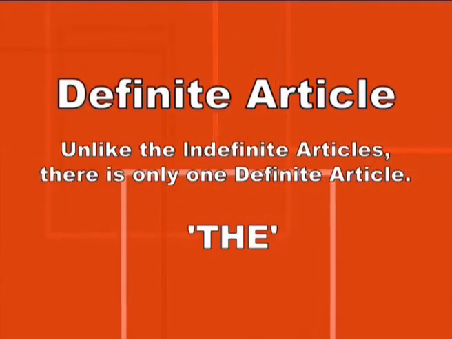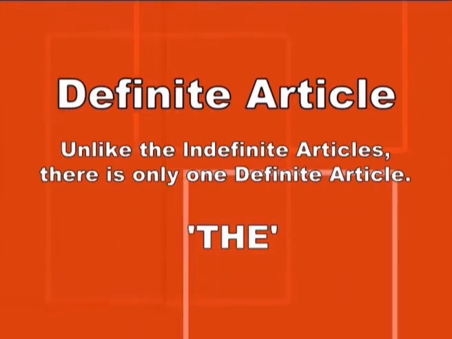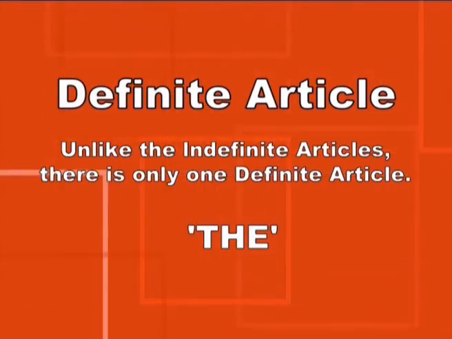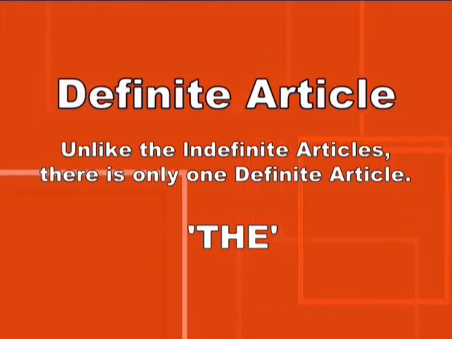So far we have been talking about indefinite articles. Quite unlike indefinite articles, there is only one definite article, which is the. Let us see, where can we use the?